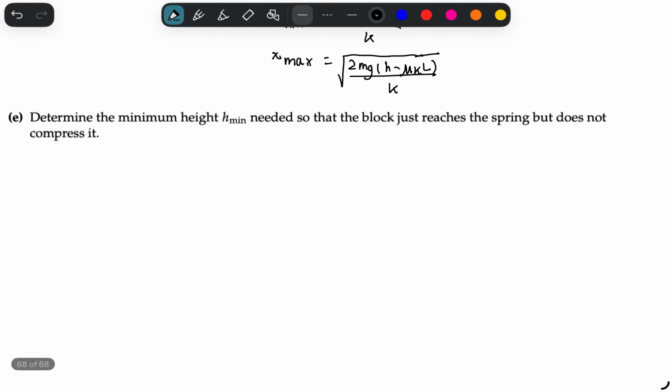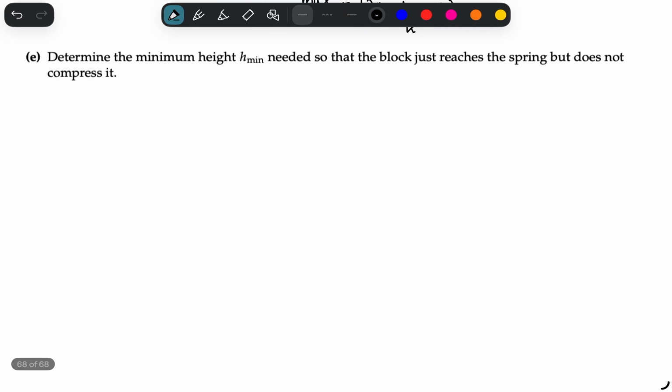So determine the minimum height h min needed so that the block just reaches the spring but does not compress it. If it just reaches the spring, that means VC is equal to 0, so the block has no kinetic energy after it leaves the rough section.